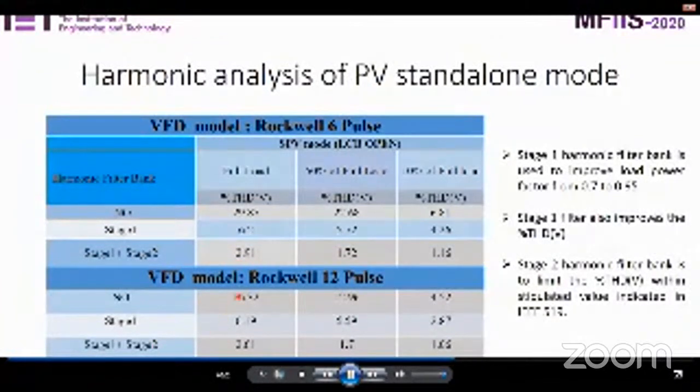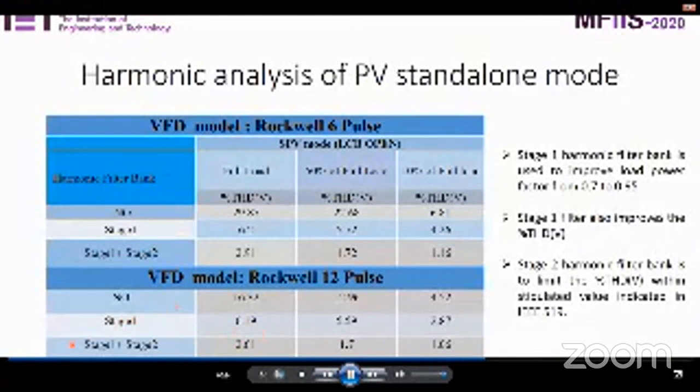The same study we did for the Rockwell 12-pulse inverter. For the full load, no inverter, no filter case, we get 16.32% at full load. At half load it is 12.96%, and at lean load 4.52%. To decrease this value, we use the stage 1 filter here and get the value 6.9119.